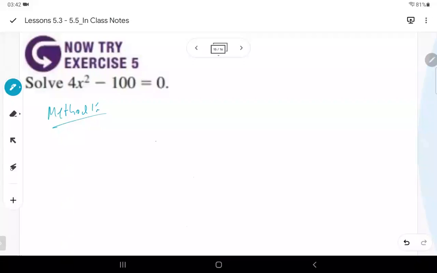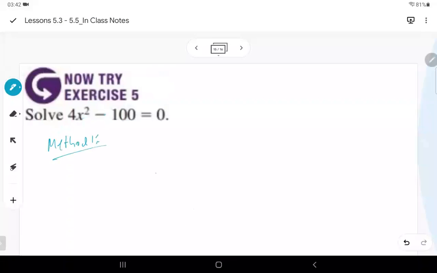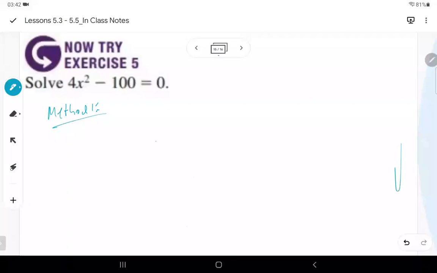is you guys could see that this is a perfect square binomial. So we could go straight into our parenthesis set.